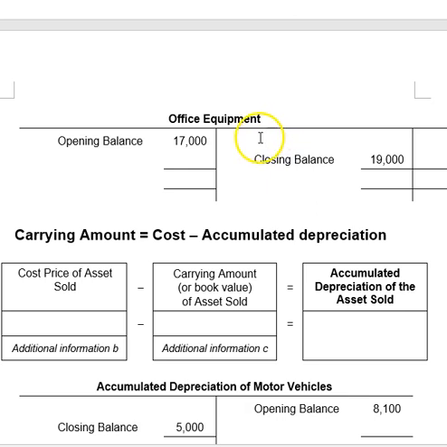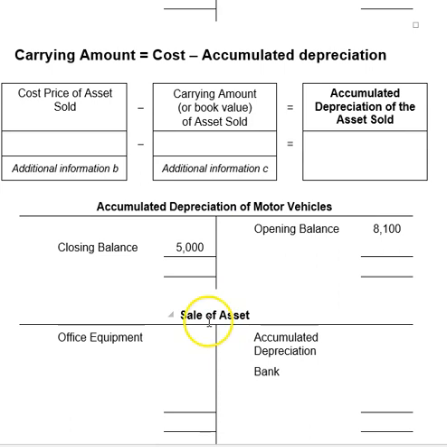Hence, my office equipment will be reduced by 6,100. That means my office equipment reduced by 6,100. At the same time, under the sale of asset account, I need to record this 6,100 as well.